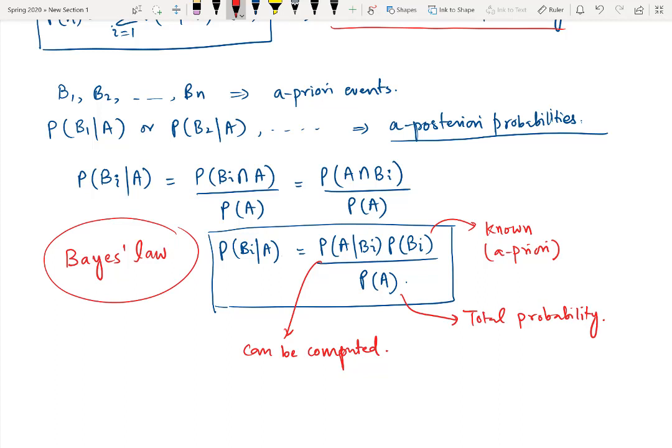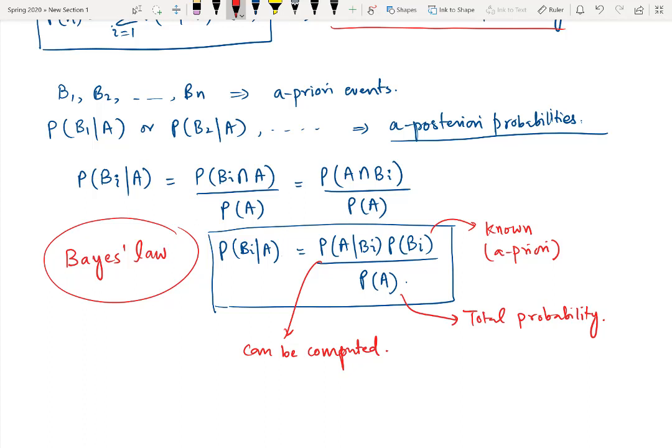So now, what is the significance of this Bayes' law? You must be very clear with this discussion that whenever we have a certain number of events, greater than or equal to 2, such that all of those events constitute the complete sample space and are mutually exclusive, and if another event A occurs which shows some intersection with one or more of those a priori events, and if we are interested in computing the probabilities of those a priori events after the occurrence of A, then we need to use Bayes' theorem, right?